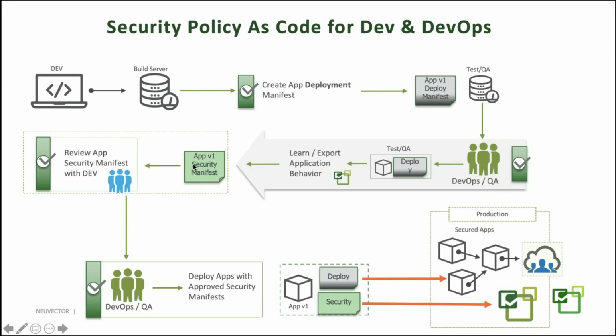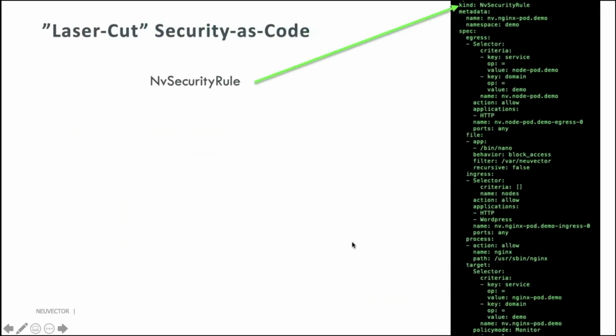That application security manifest can be exported and reviewed with the dev team, and then the DevOps team can check it in just like code and then deploy that into the production environment. The way that looks is like a typical YAML file, except like in the case of OpenShift, it was a CRD for egress network policy.